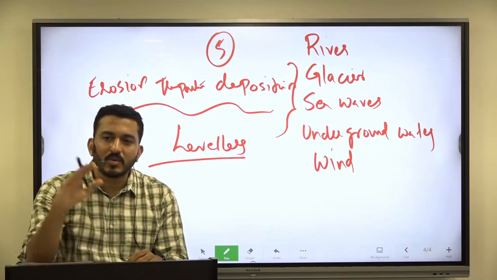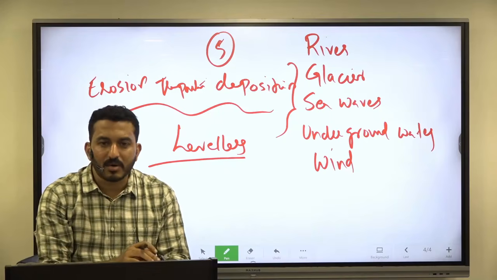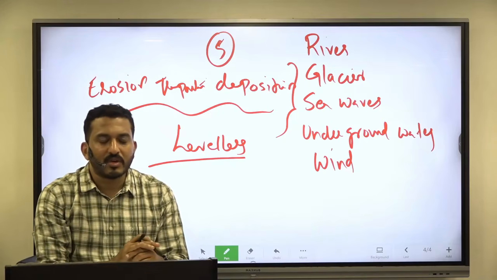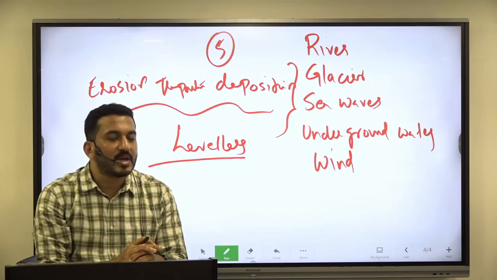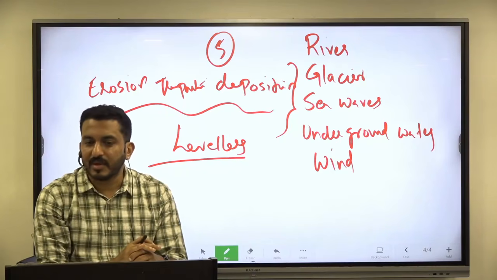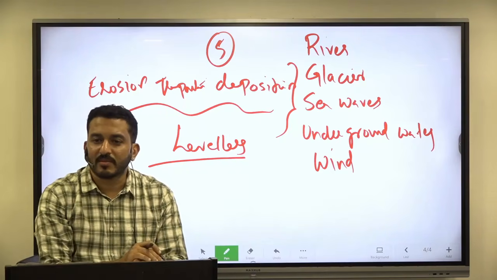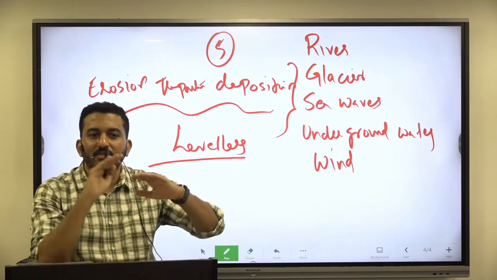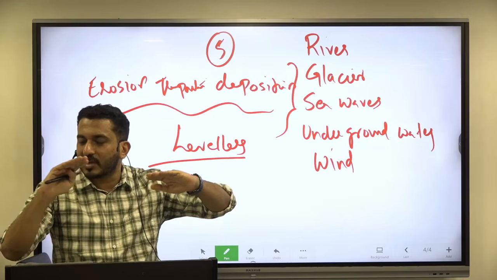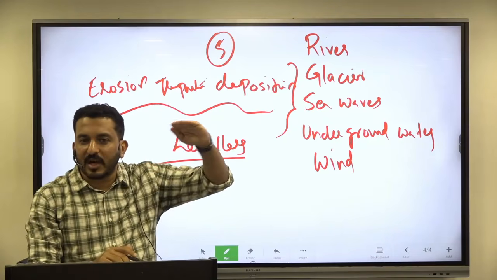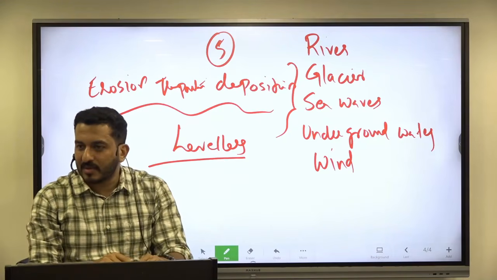In all the young mountains of the world, endogenic rate is more than exogenic rate. But after some time, what will happen? At some point, endogenic rate becomes equal to exogenic rate. Then height will remain constant.